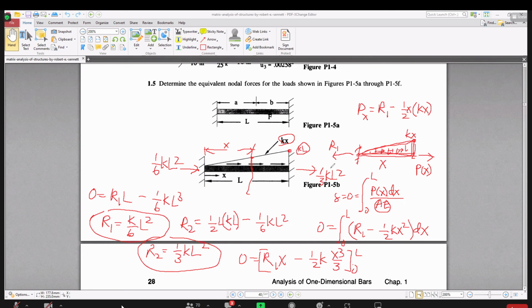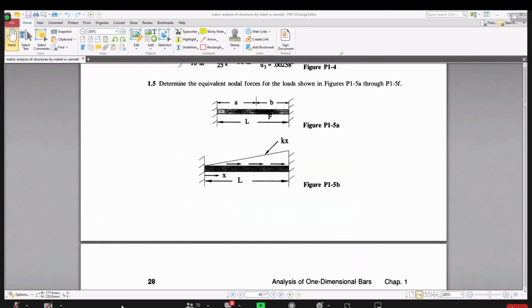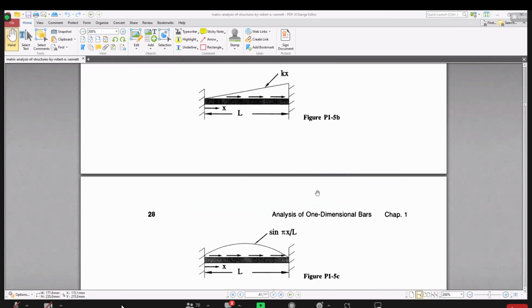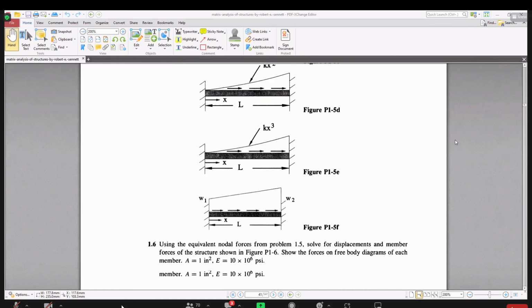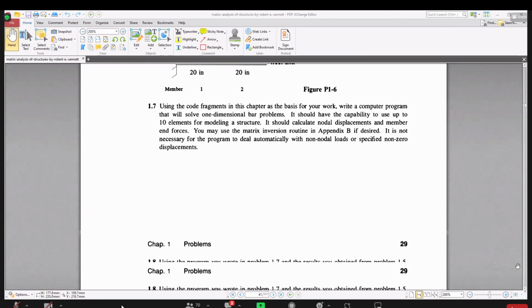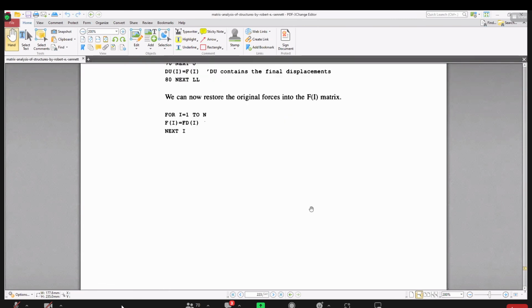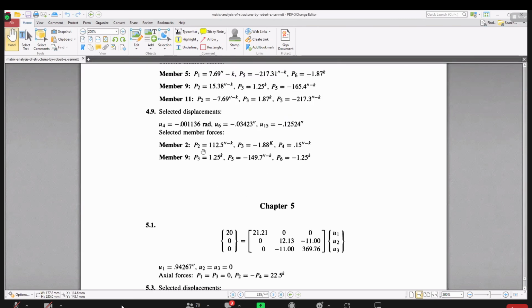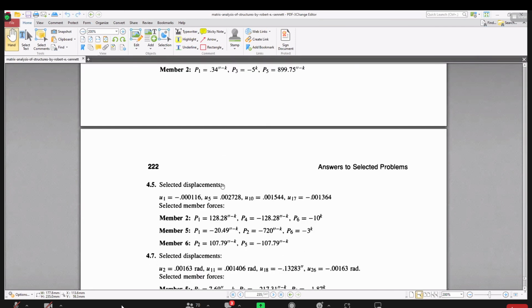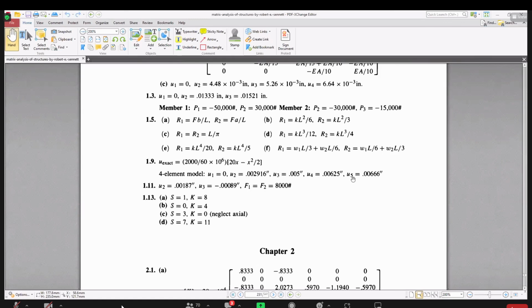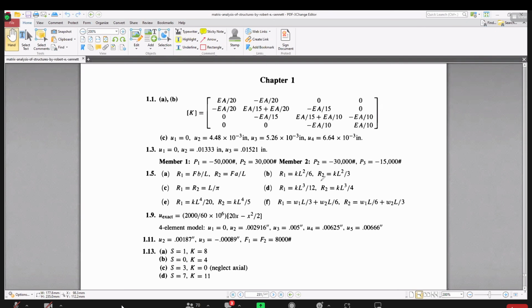I think there are answers to this. Where are the answers? Let's check. Is it 1/6 or 1/3? This is R1, and this is now your R2.